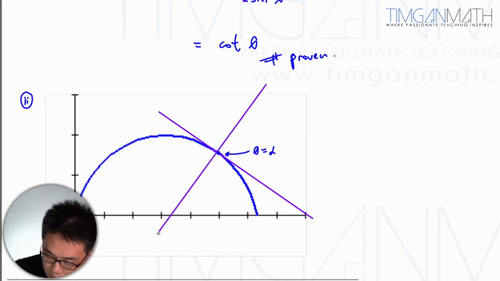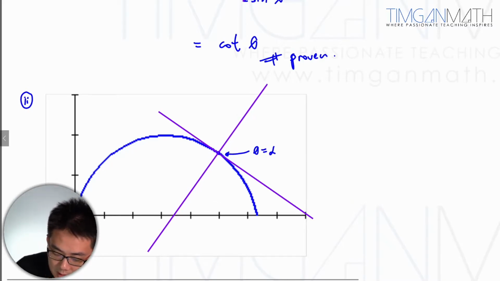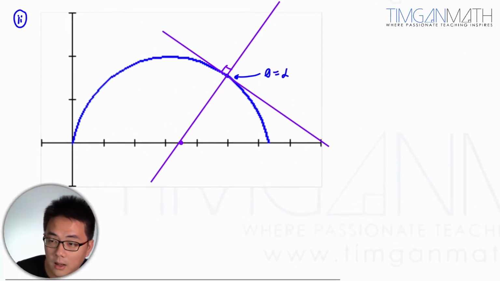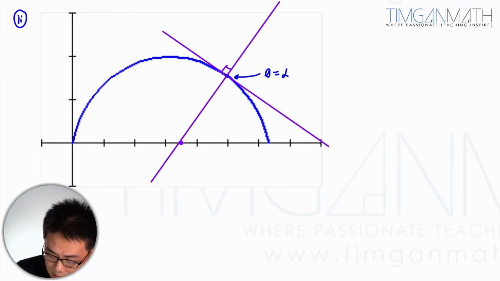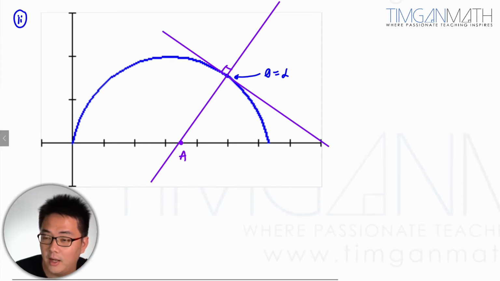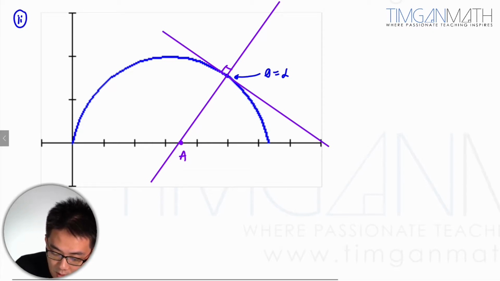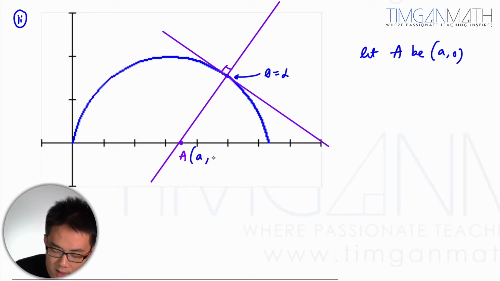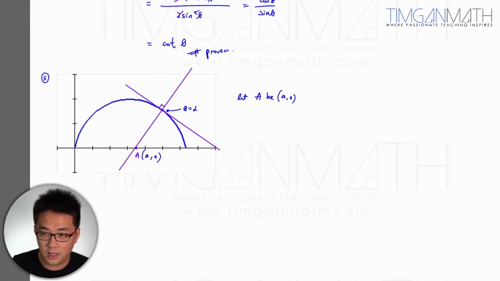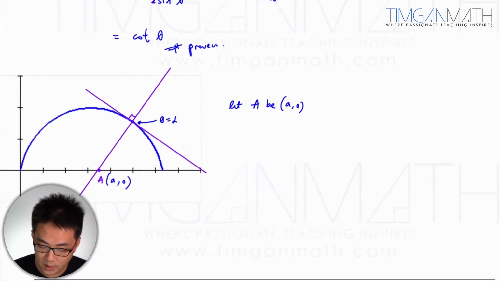So when you draw the normal out, this point here is A. Okay, so you're told to show that the x-coordinate of A is k alpha. That's pretty okay. So let A be (a, 0). We need to show that a is actually k alpha. That's the whole point there.